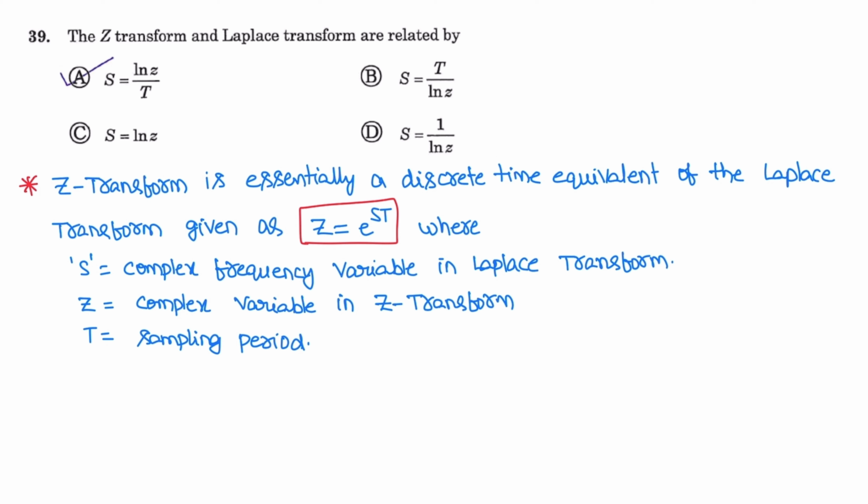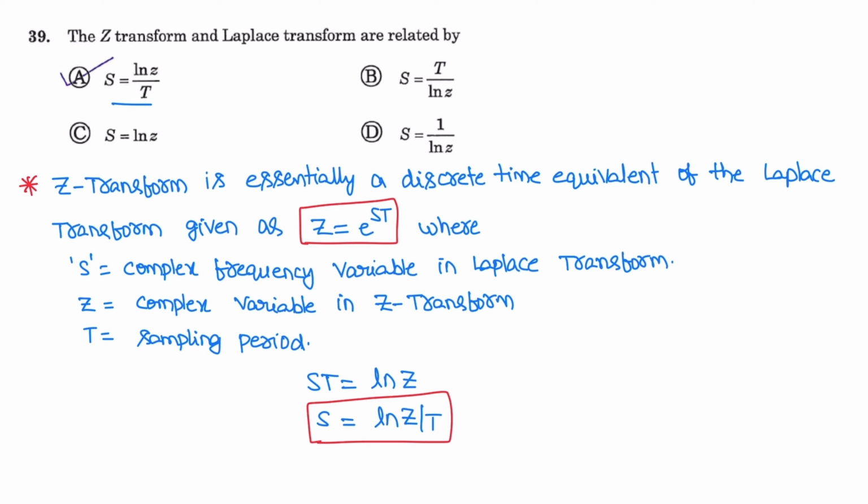Now sT = ln z, where s = (ln z)/T. S domain variable is s = (ln z)/T. Correct option is A. Next question.